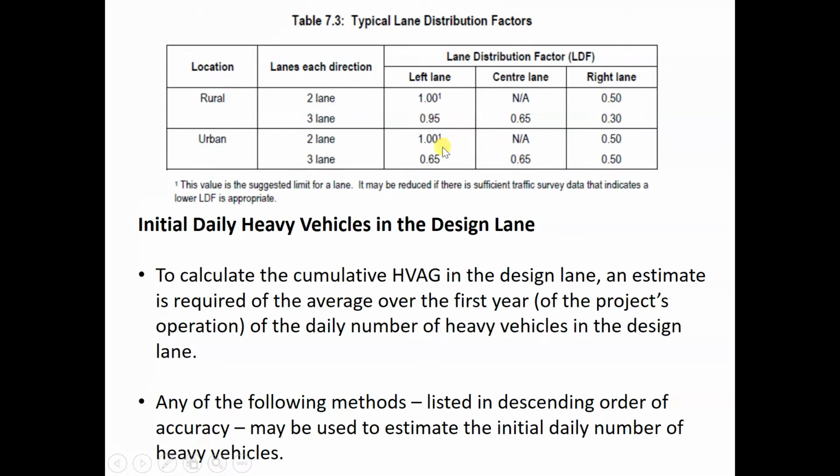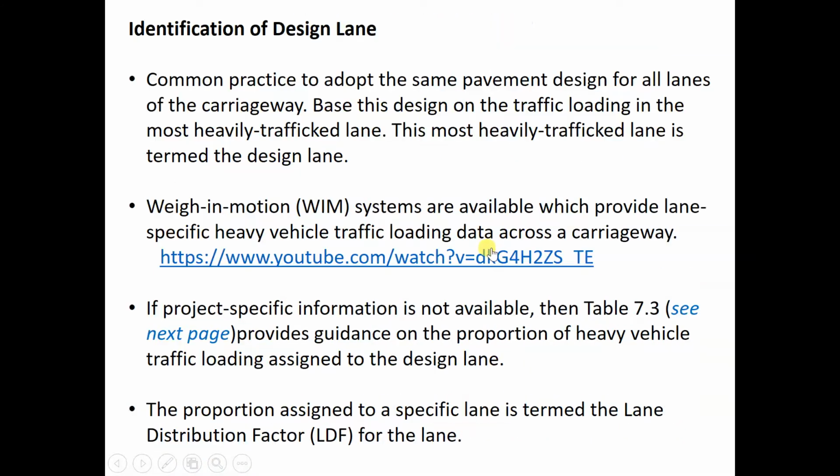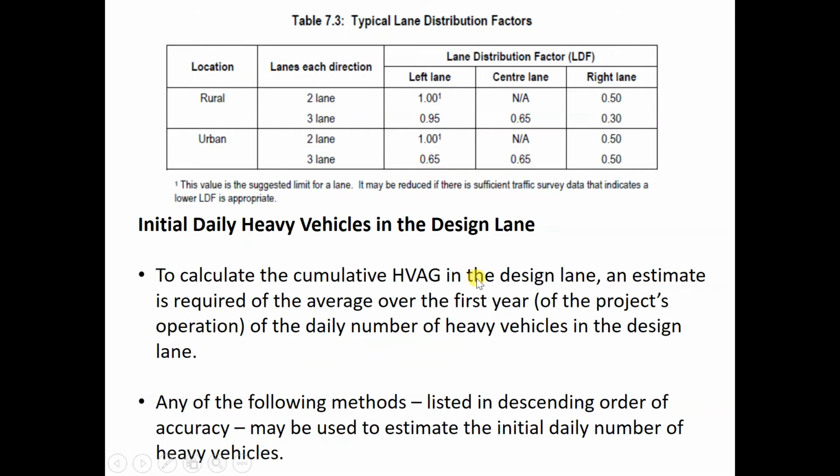Okay, let's say this is 2 lanes, 3 lanes, and these are the proportions. For rural, 2 lanes is 1 and 0.5, and 3 lanes is 0.95, 0.65, 0.3. For urban, 2 lanes is 1 and 0.5, and 3 lanes is 0.65, 0.65, 0.5. So these are the distribution.